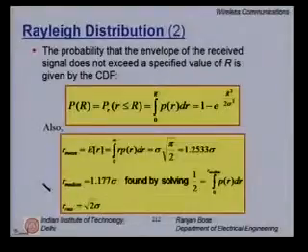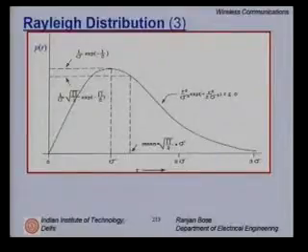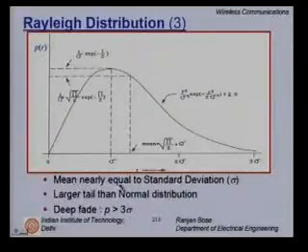Some properties of the Rayleigh distribution. It is by far one of the most common distributions used for mobile radio propagation. How does it look graphically? On the y axis we have plotted the PDF, and this is the Rayleigh distribution. The mean is nearly equal to the standard deviation sigma.